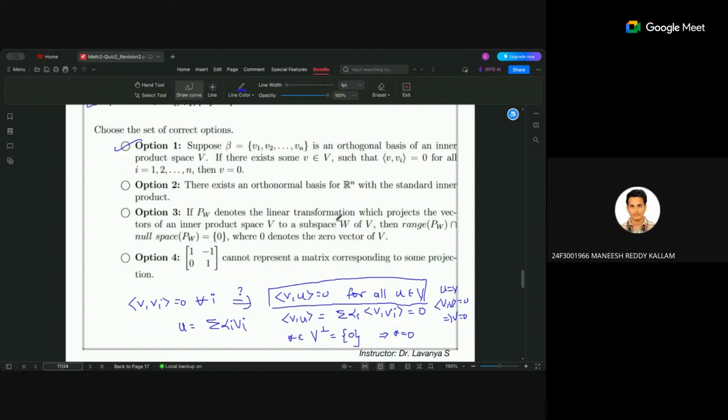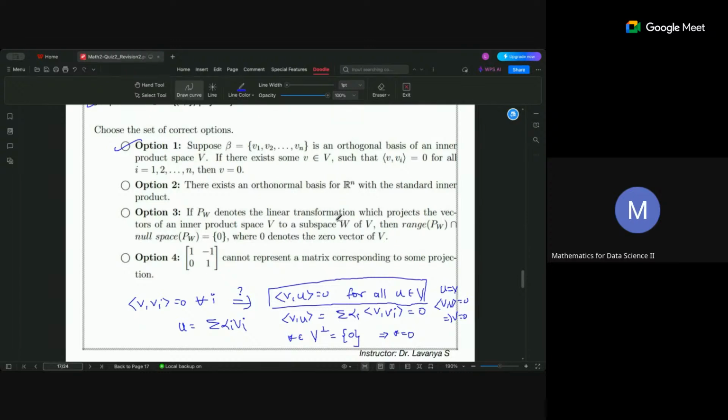Ma'am, if V is not equal to 0, then the inner product would be 1, right? It will be the norm of V squared. Yes, ma'am. If it's an orthonormal basis, then it would be 1.